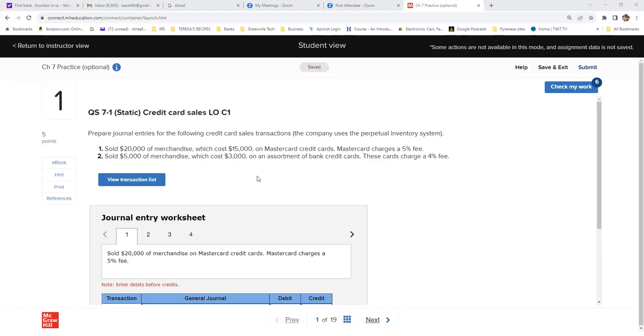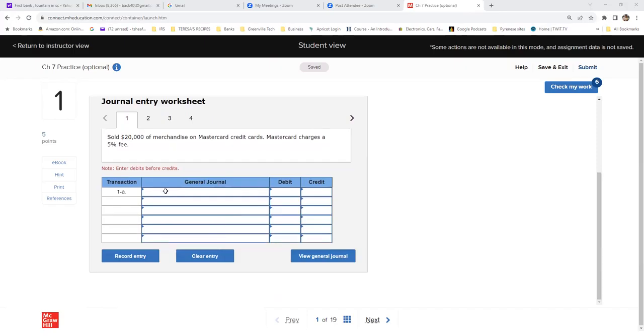So question number 1. Prepare journal entries for the following credit card sales transactions. And the first one, we have sold $20,000 in merchandise, which cost $15,000, on MasterCard credit cards, and MasterCard charges a 5% fee. So we're going to go ahead and have a debit to cash.